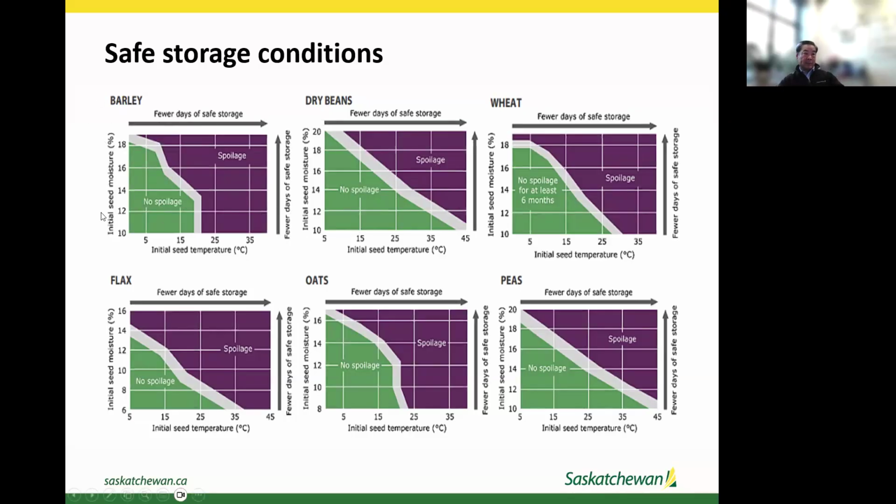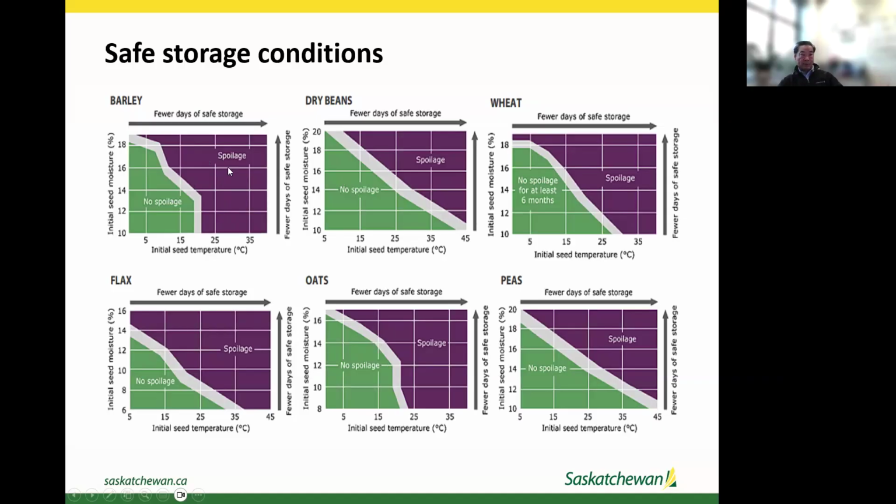For this particular slide, I show the barley, dry beans, wheat, flax, oats, and peas, and you can see the shapes are slightly different, but they all represent the same thing.